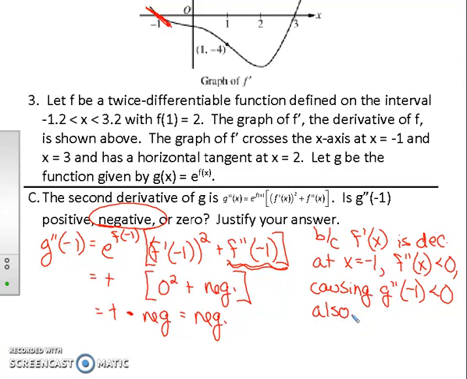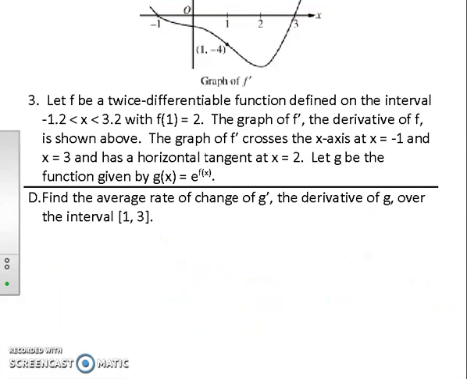You couldn't just write that, though, without showing the justification for how f double prime of negative 1 really is the decision maker in this part of the problem. All right, so C was worth 2 points. You got 1 point for saying that it would be negative and 1 point for explaining why it would be negative.